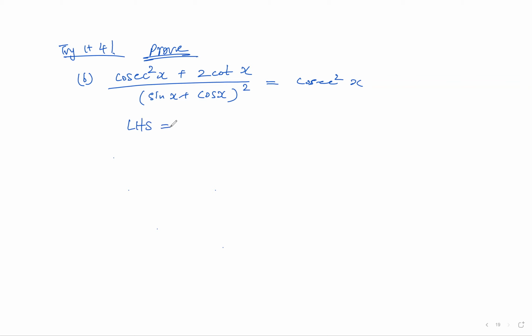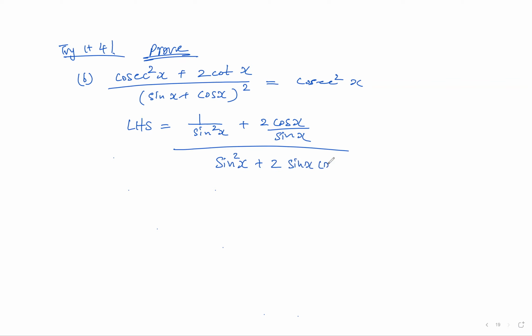On the left hand side, I'll convert this into 1 over sine squared x and this one as 2 cosine x over sine x, whole thing over sine squared x plus 2 sine x cosine x plus cosine squared x. I expand everything out. You notice that this and this can do something.